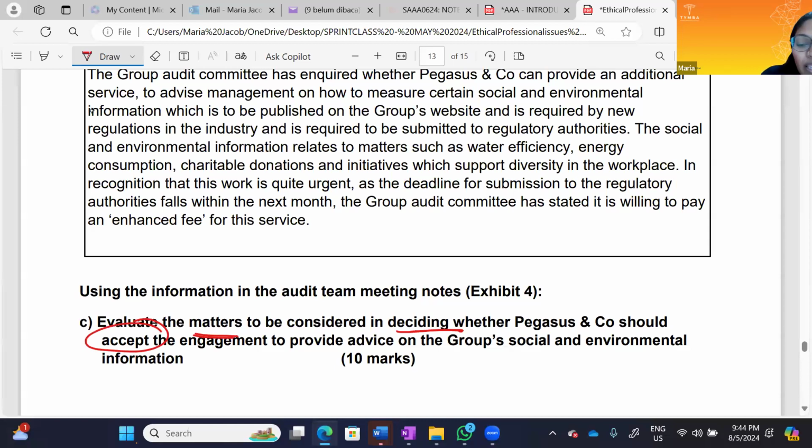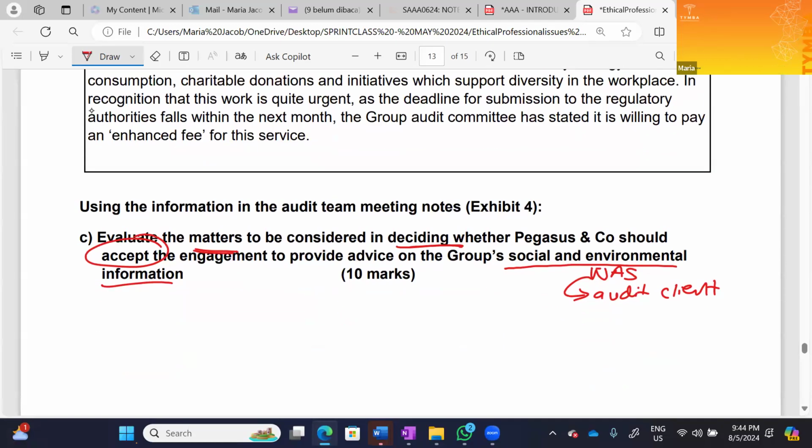Obviously they are asking us about non-audit services, and this one is for our audit client. If it is a non-audit service for our audit client already, the points that I will be thinking about will obviously be on competence. Do I have competence to provide this social and environmental information assurance or advice or not?